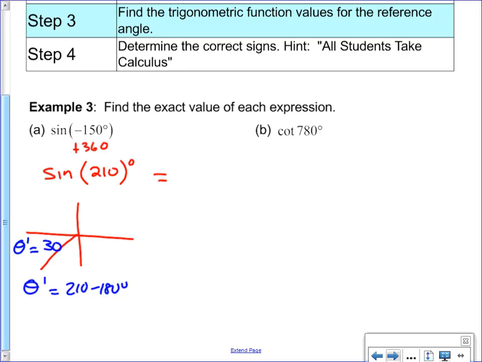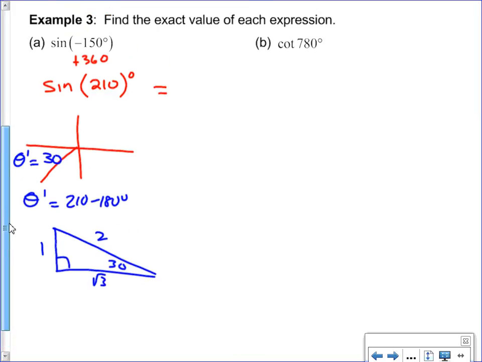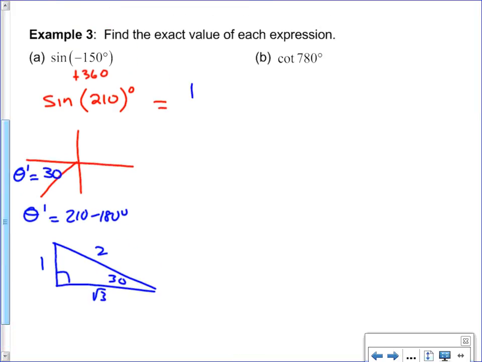So really, what's the sine of 30? Well, again, draw the triangle. We just need the 30, right? Sine is opposite over hypotenuse. So it's 1, 2, root 3. Opposite over hypotenuse is 1/2. So we know that sine of 30 is 1/2.